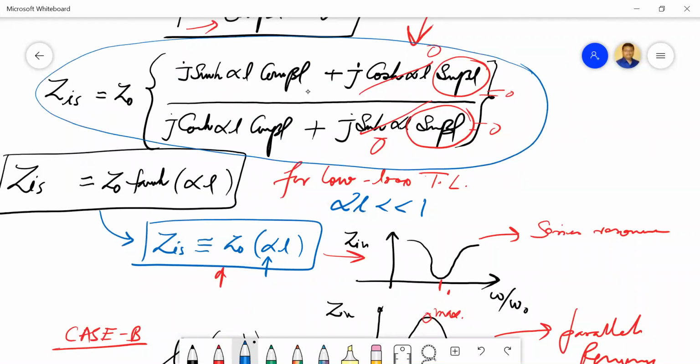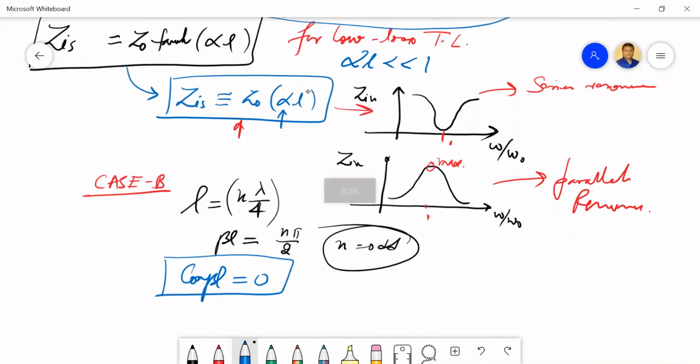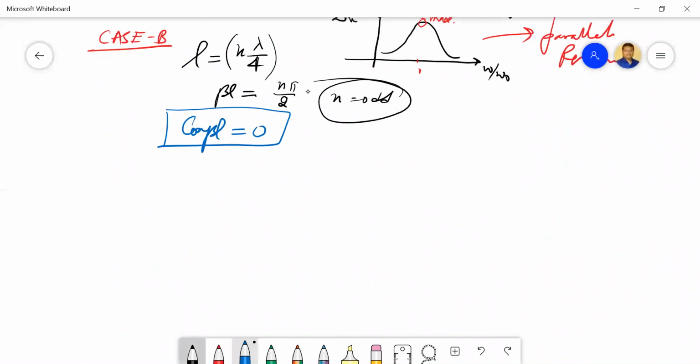And here if you see, the first term will be 0, the second term will remain, and the formula of Z_IS is a little bit changed here. If you solve, this Z_IS will be Z0 over tanh(αL).